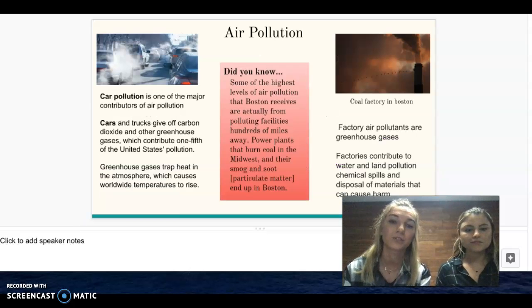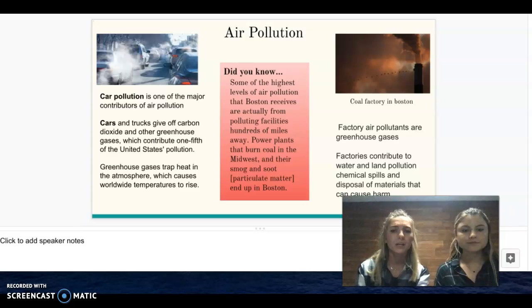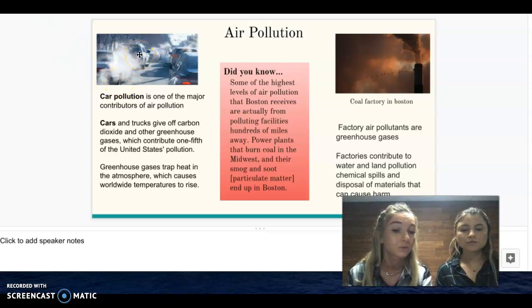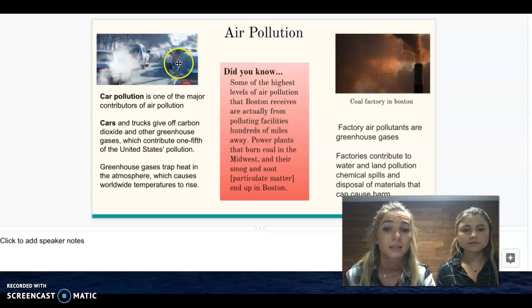One type of pollution is air pollution. One example of air pollution is car pollution. As you can see in the picture right here, these cars are giving off CO2, which is carbon dioxide, which is not good to breathe in at all. You'll usually see this in a busy area, busy towns, cities.